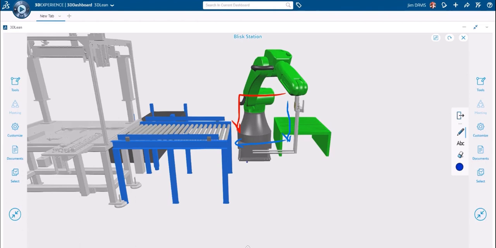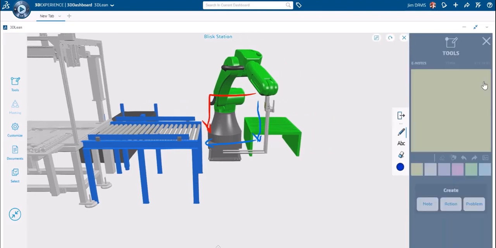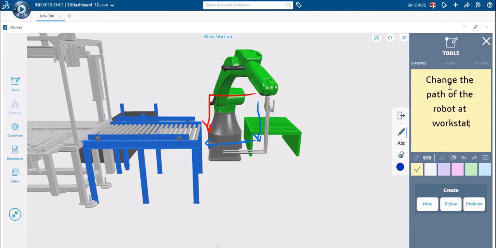So we would create an action around this to, let's say, change the path of the robot at workstation. Okay, so we can create that.